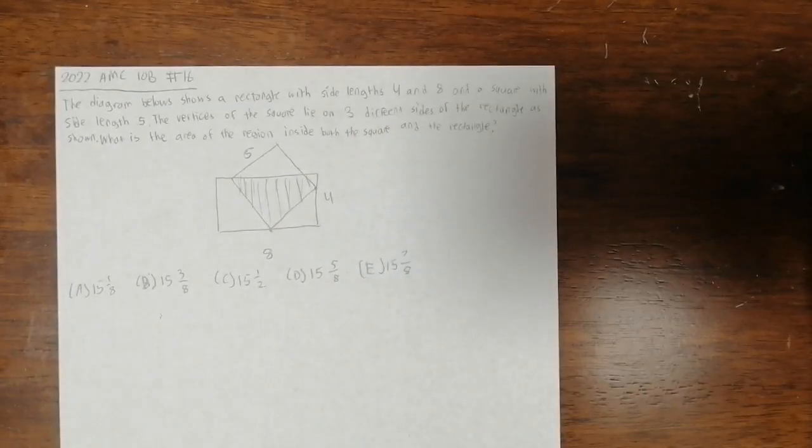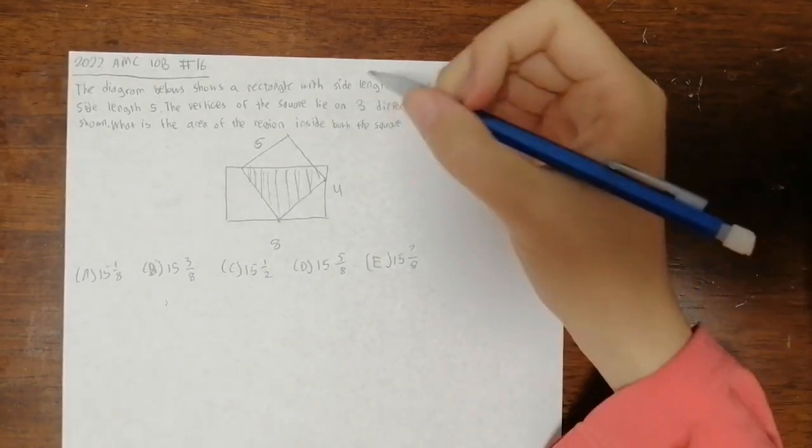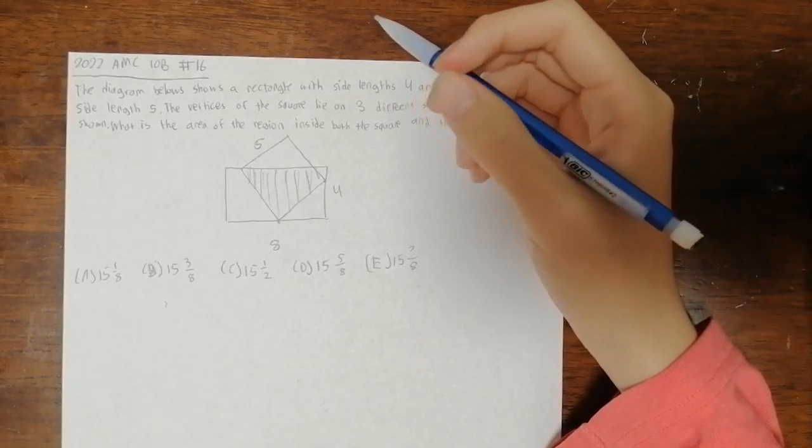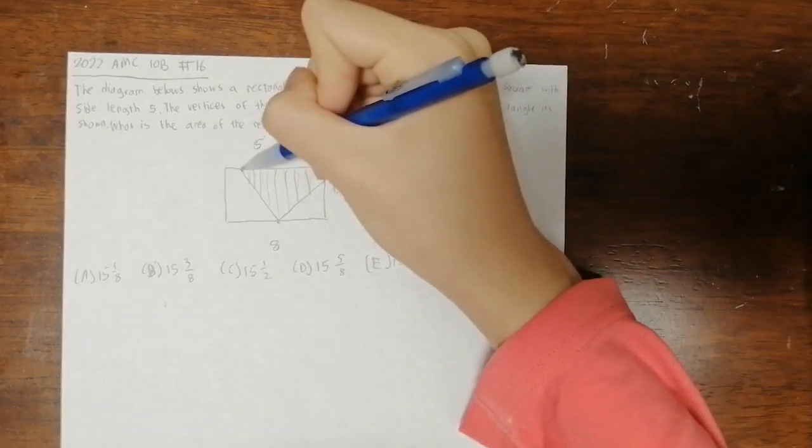So first, notice that this area, or region, is just a trapezoid, because the sides of a square are parallel, so this will be parallel to this.